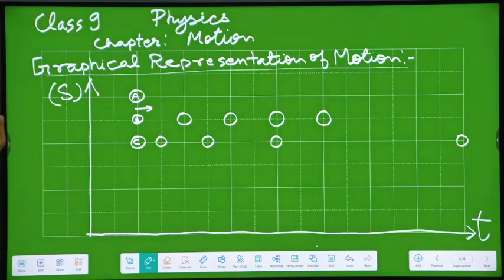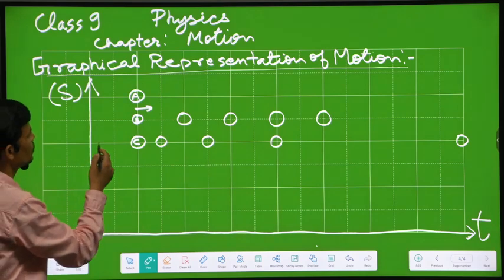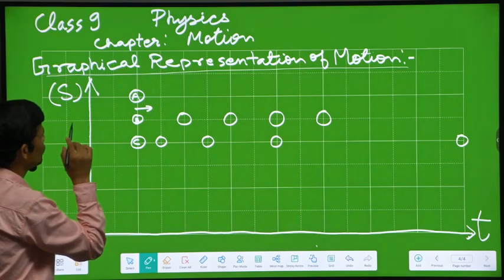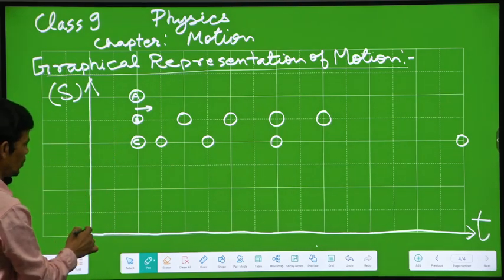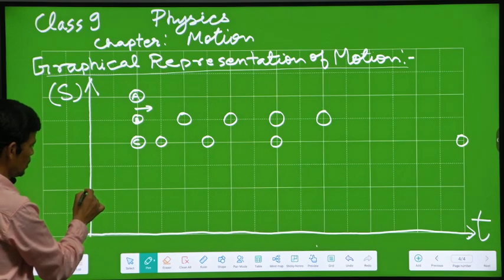So for the first case, the displacement, let us suppose the separation between me and A was this much.